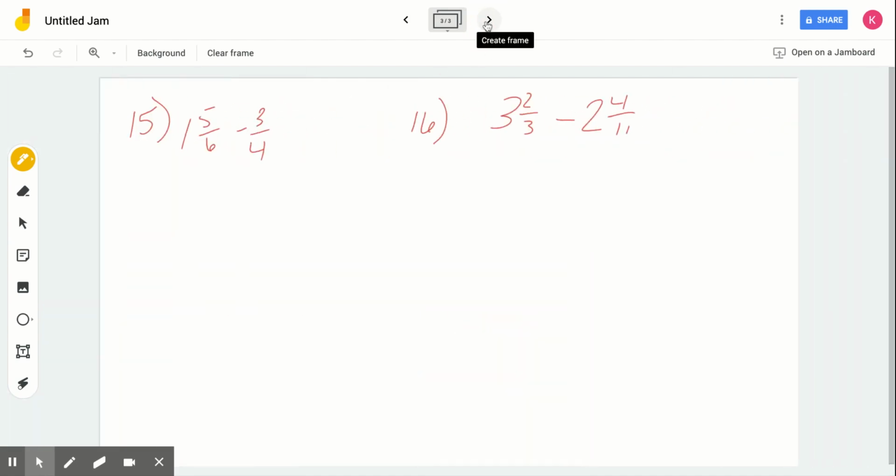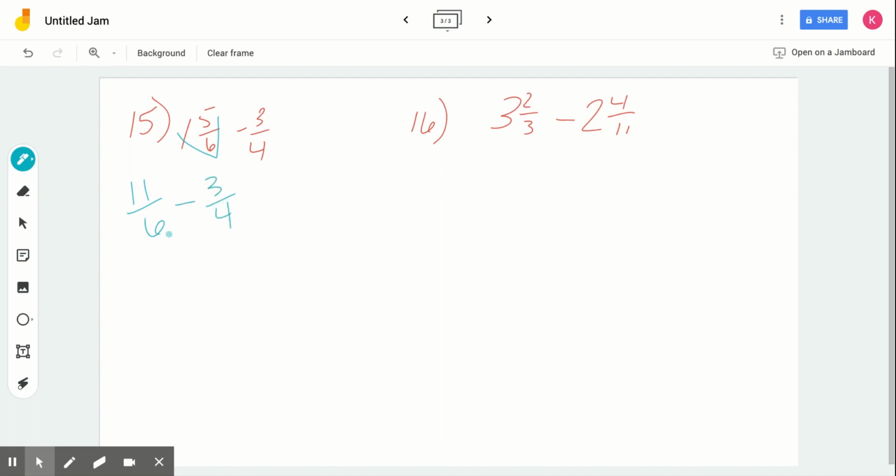Now looking at 15 and 16, we're incorporating this with our subtraction. So 1 times 6 is 6 plus 5 is 11. So 11/6 minus 3/4.